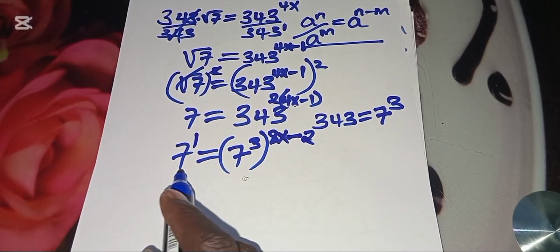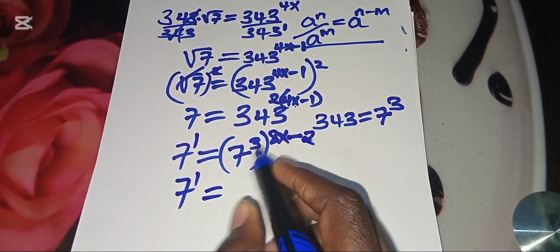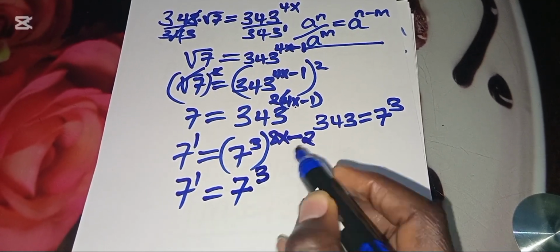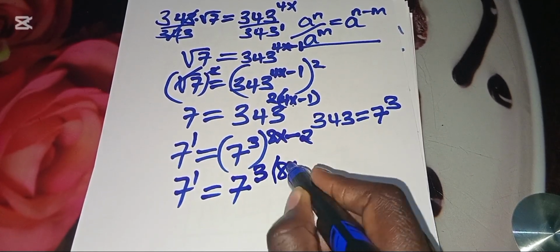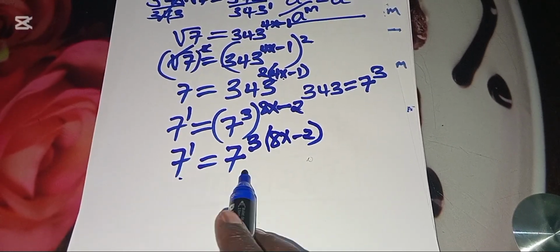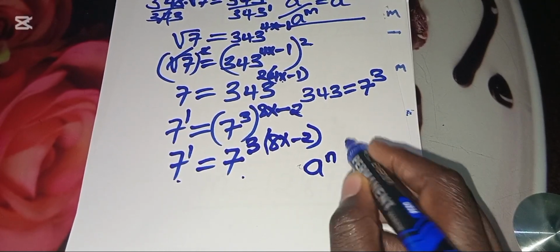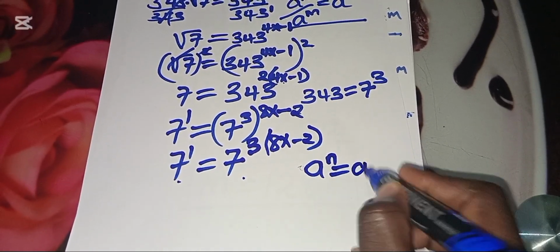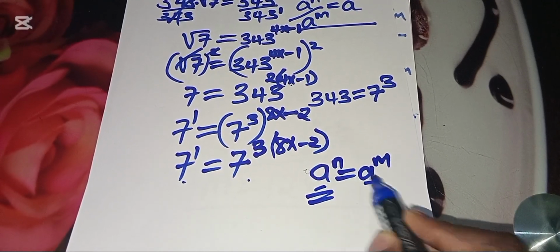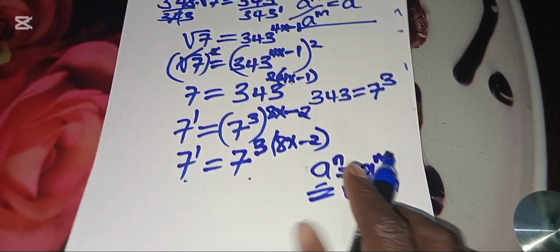Now we have 7 raised to power 1, this is equal to 7 raised to power 3. This is saying 3 times 8x minus 2. Since bases are common, remember if you have a raised to power n, this is equal to a raised to power m, and that means that if the bases are common, we just equate the powers, that is n is equal to m.